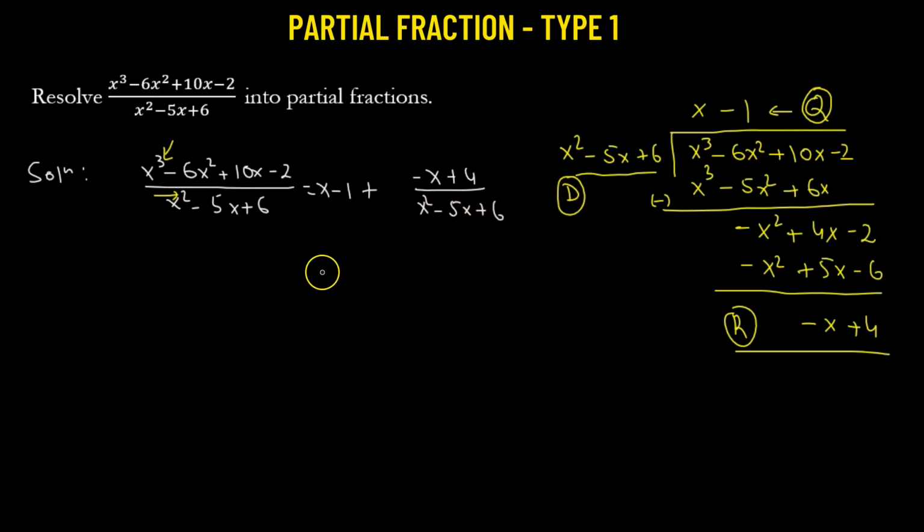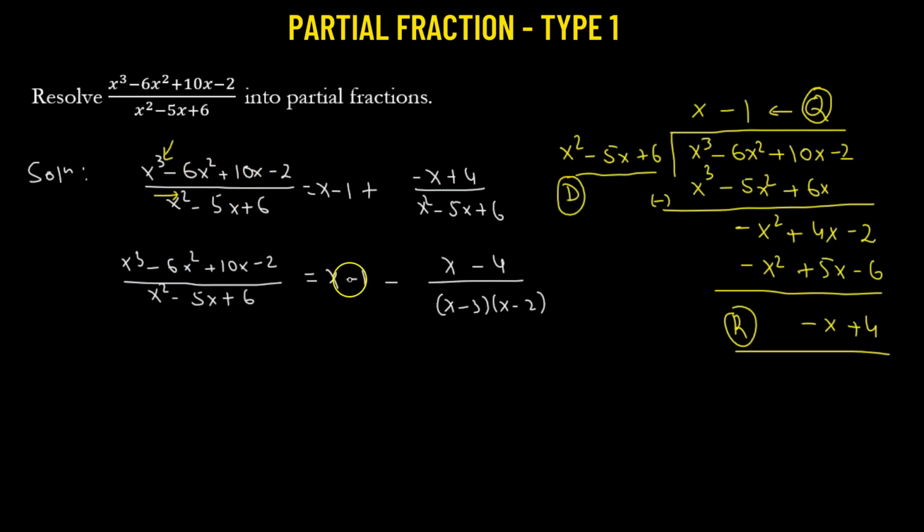That means we can rewrite it as x minus 1 minus x minus 4 whole divided by x squared minus 5x plus 6, which can be factorized to x minus 3 times x minus 2. So our original rational fraction has been broken down into x minus 1 minus a rational fraction where the degree of the numerator is less than the degree of the denominator. We label this as equation number 1.